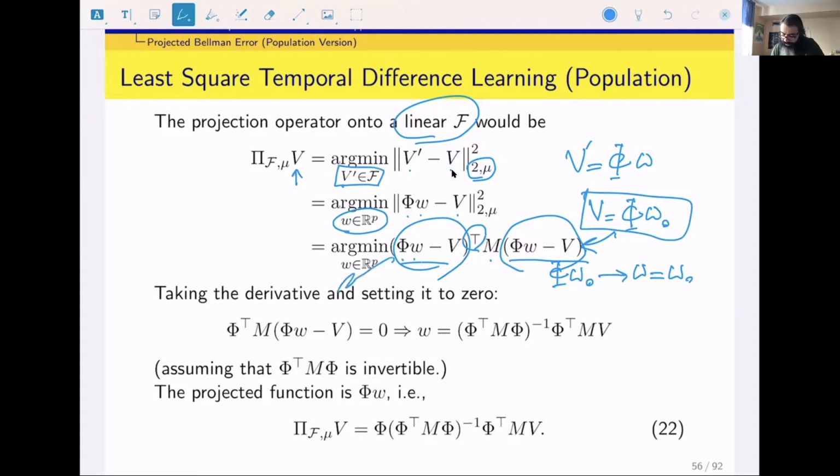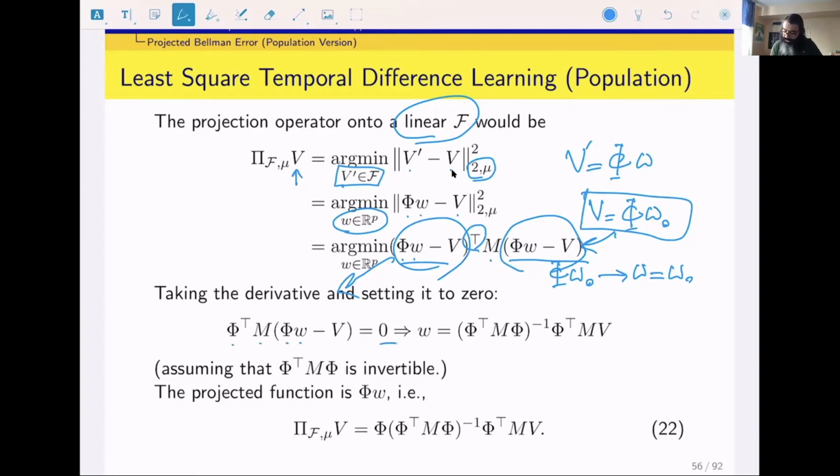We take the derivative and set it to 0, similar to what we had a few slides ago for the optimization of the norm of AX minus B. Maybe I just go through this fast. So we have phi transpose M times (phi W minus V) equal to 0.